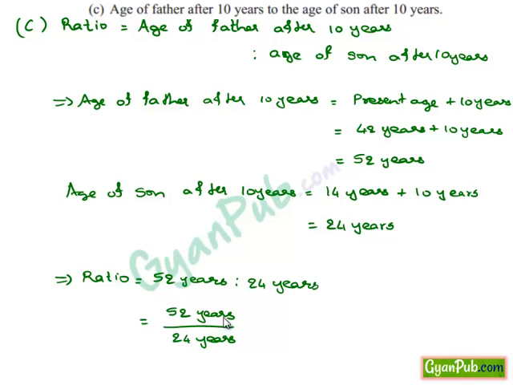Units in the numerator and denominator get cancelled, and we can observe that 52 and 24 are multiples of 4. So 4 goes in 52 by 13 times and in 24 by 6 times, which gives 13 upon 6. Therefore, the required ratio between the age of father after 10 years to the age of son after 10 years is 13:6.